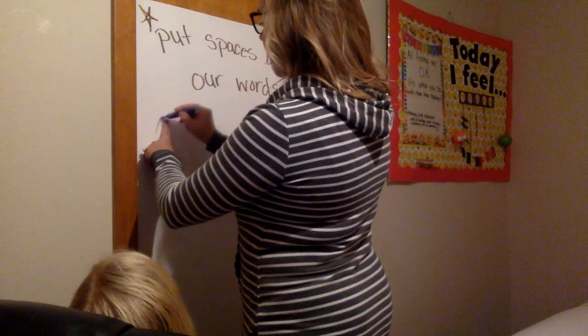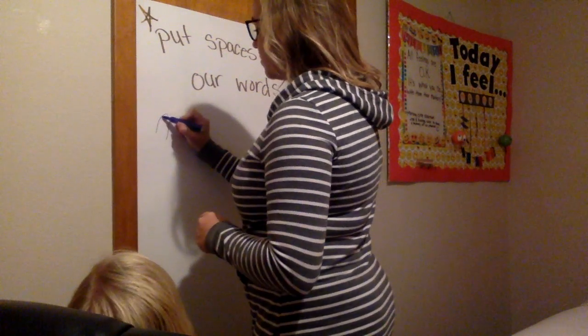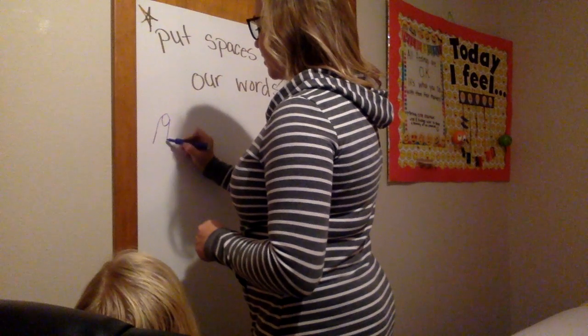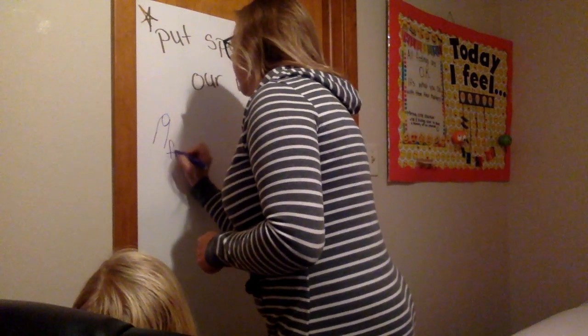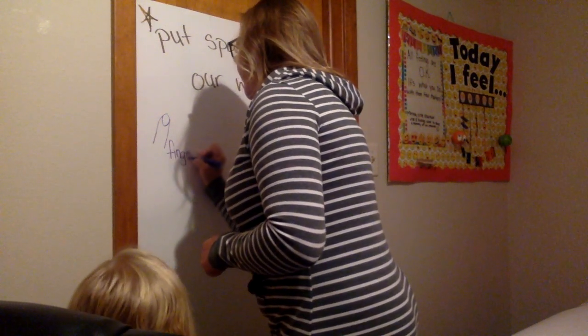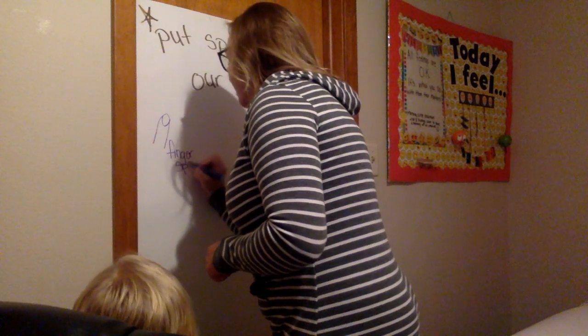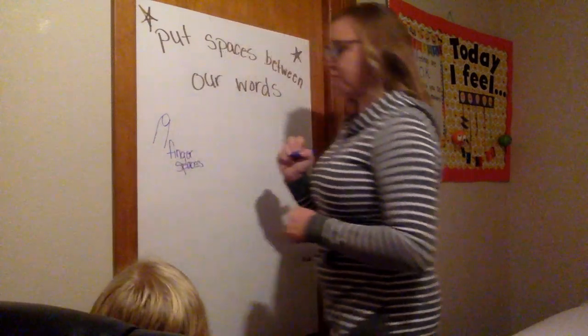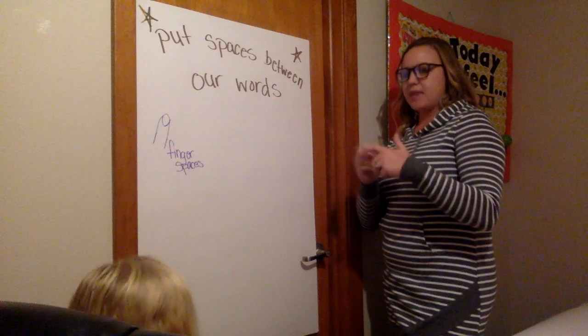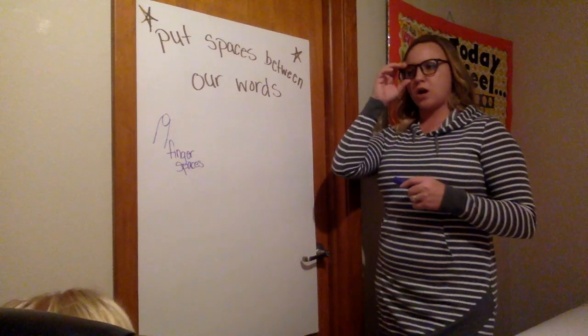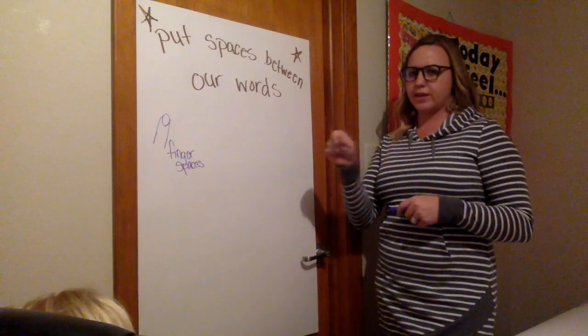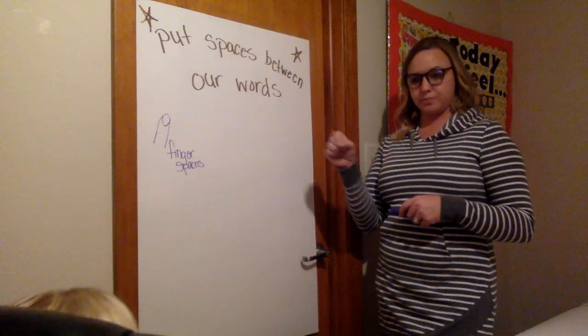So we're going to just write a couple things up here. So we can use finger spaces. That's one tool, and that is a tool we always have with us, right? And then sometimes in our reading group, we talk about when we read with a popsicle stick.